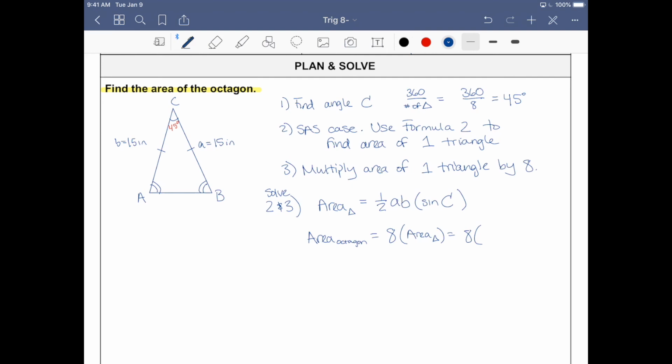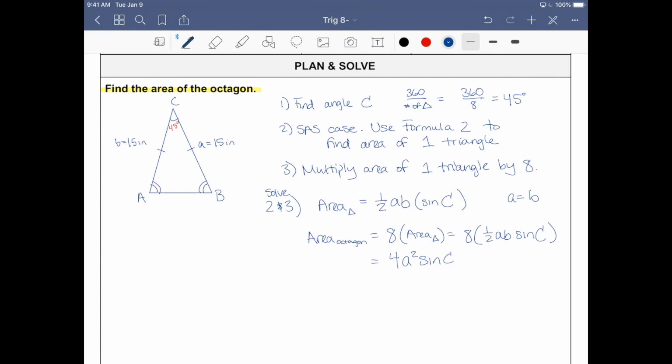So 8 times 1/2 AB sine of big C. I'm going to simplify this a little bit because why not? 8 times 1/2 is 4. Also, I know that A equals B, because it's an isosceles triangle. So I can just go 4A squared times the sine of C, or you can leave it as A times B, that's fine.